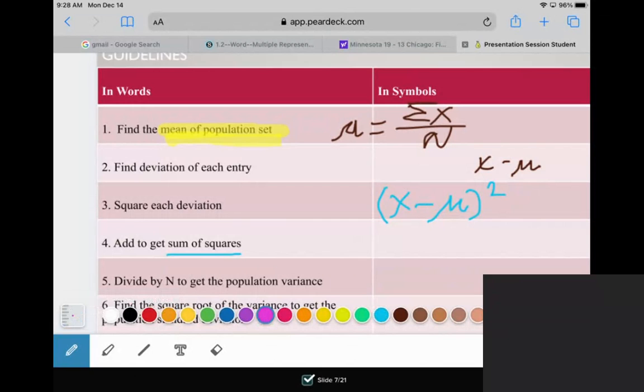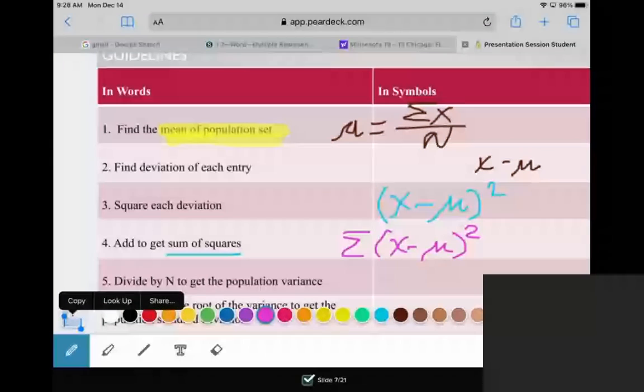This is where we're going to use the summation notation. That means that we have 10 items. We're going to add all of the squared deviations together, and then we take that value and divide by the population size, okay?